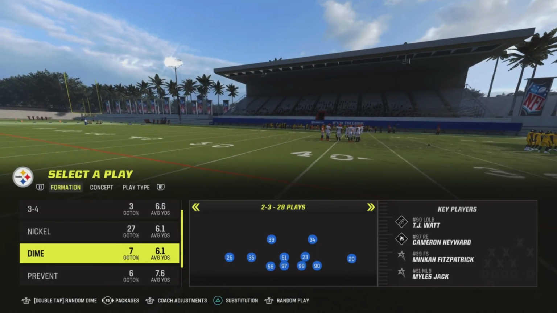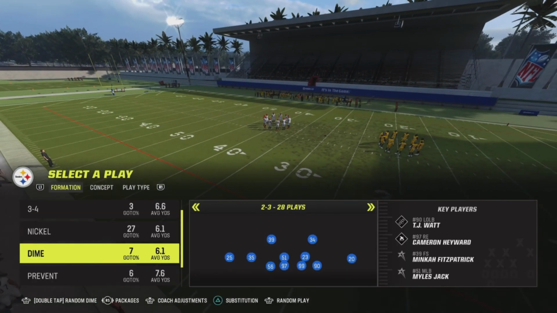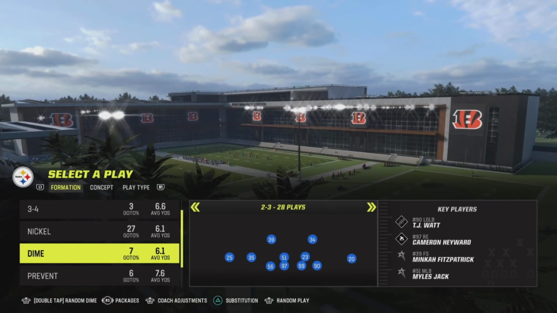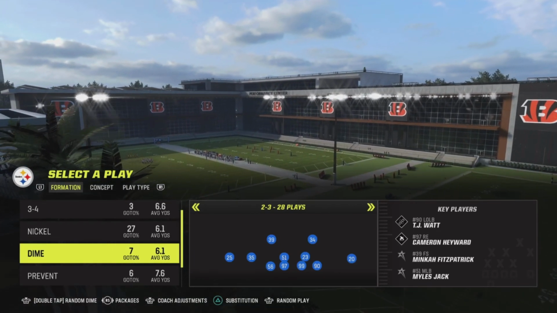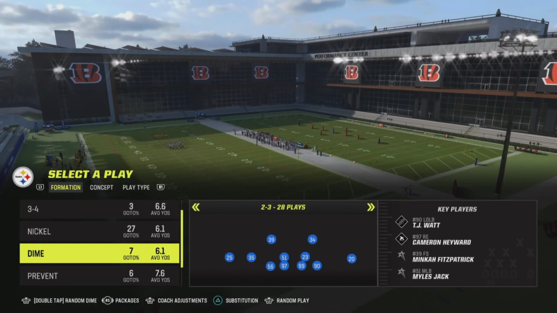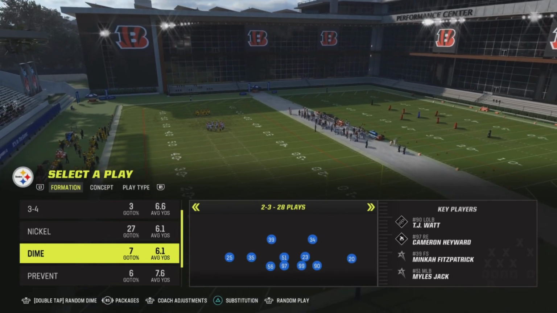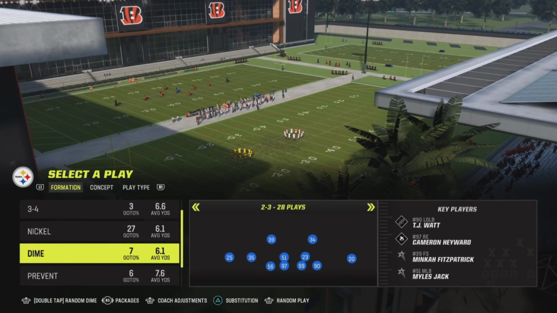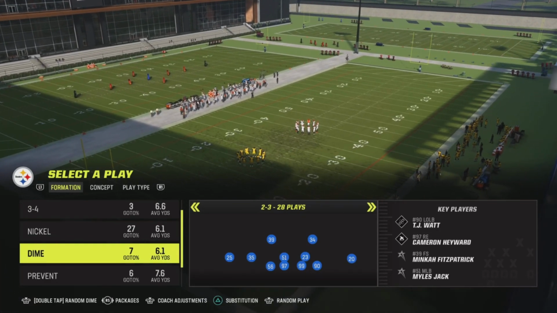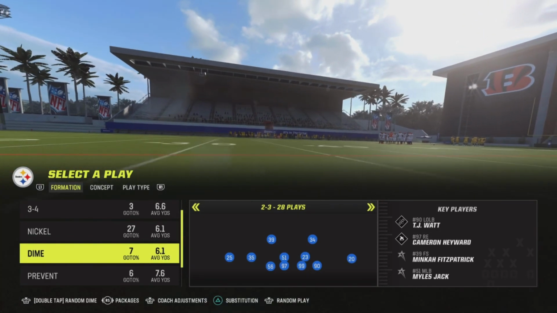The mesh concept is a two-man concept. Basically, opposite directions running drag routes simultaneously, at similar distances from the line of scrimmage. I made it a little more complicated than what it was.